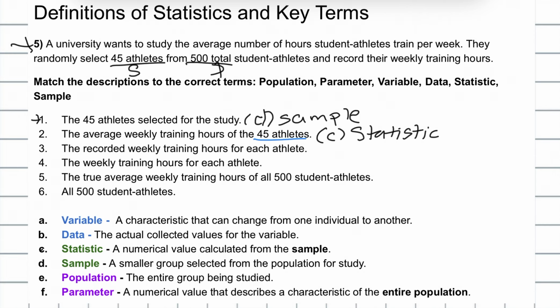So we have sample and statistic already selected. Let's cross it out.